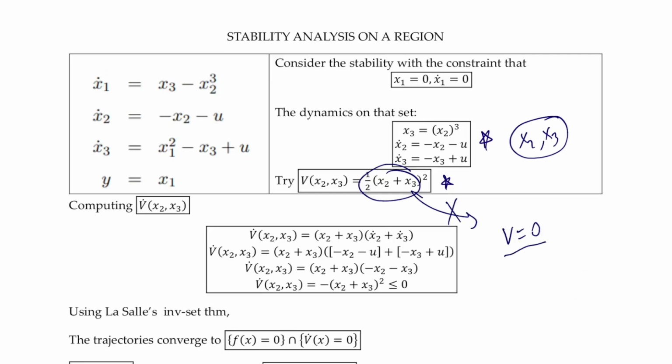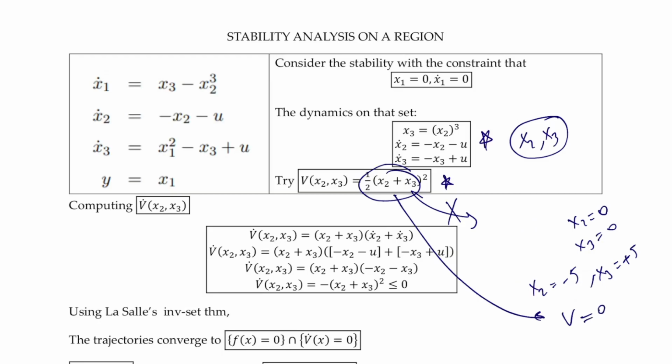V equals 0 only when x2 and x3 equal 0. This is not the case, right? When x2 equals -5 and x3 equals +5, for example, this V is 0. So this is positive semi-definite, in fact, right? Okay. All right.